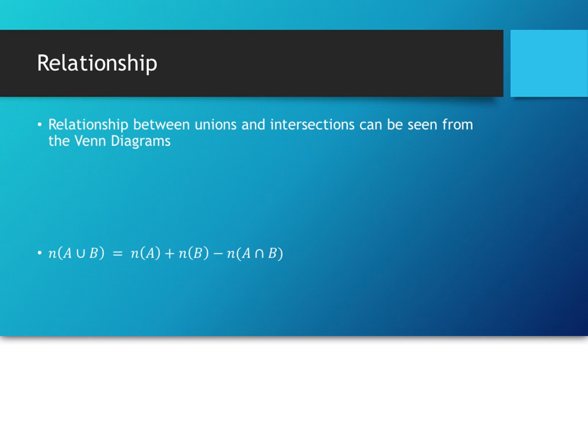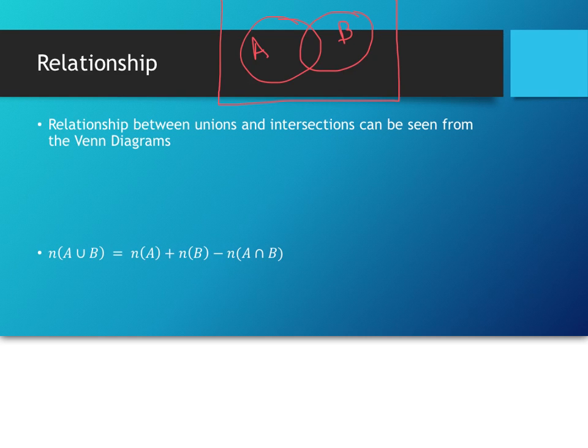Now, what becomes interesting is the idea of relationships between unions and intersections. Okay? And this can be seen from Venn diagrams. Let me go back to the Venn diagram, or I'll draw this in red up here. If we have A and B, and we want to throw the union in, okay?